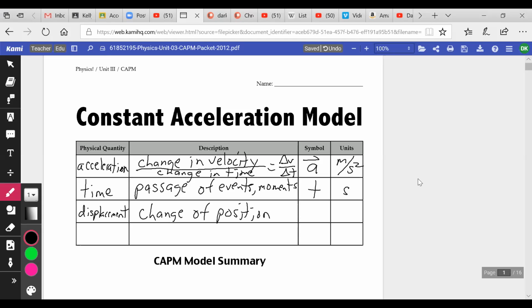You've got to go back in time on those notes for that, or read your text, both things. Okay, so the symbol for displacement, as we are familiar with, is delta x. The units are meters. And one last thing: if we're looking at an object speeding up or slowing down, what other physical quantity comes to mind?